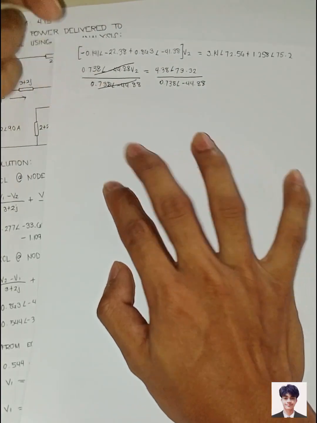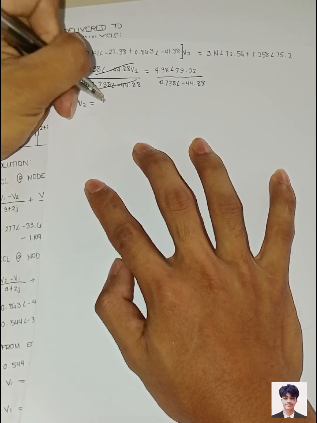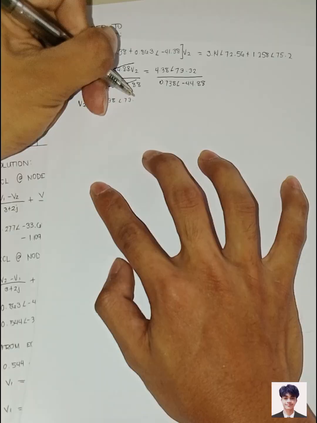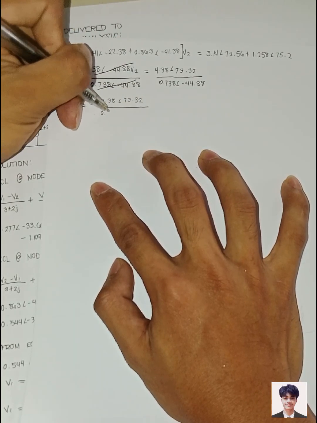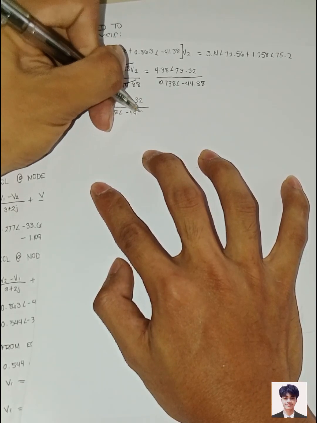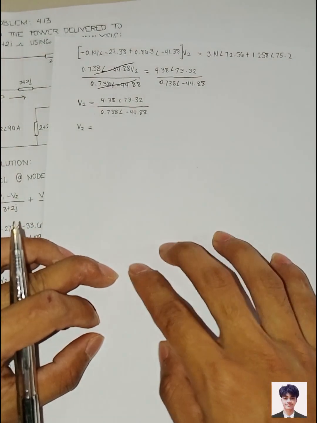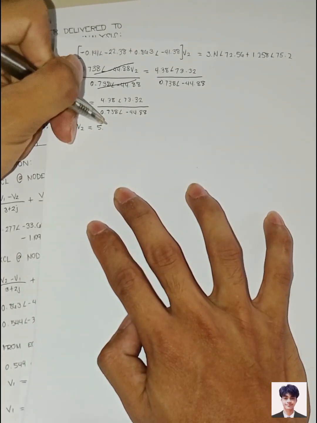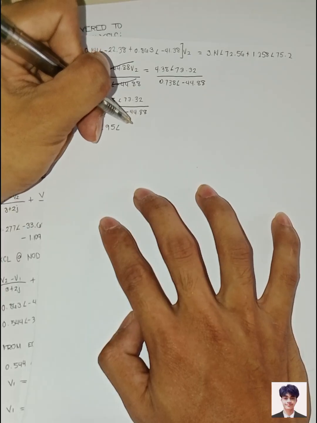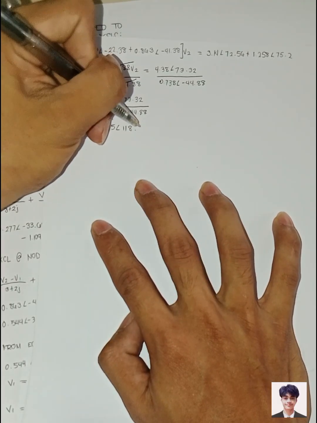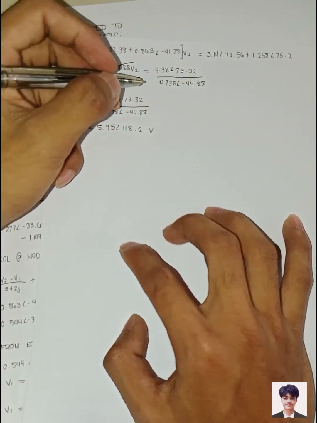This should cancel out. We should get the value for our V2 as 5.95 angle of 118.2 volts.